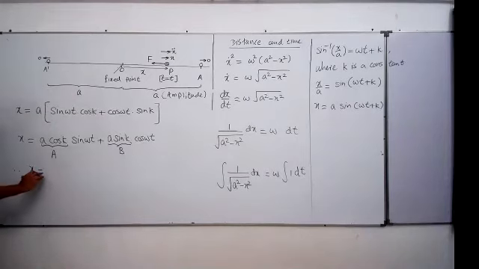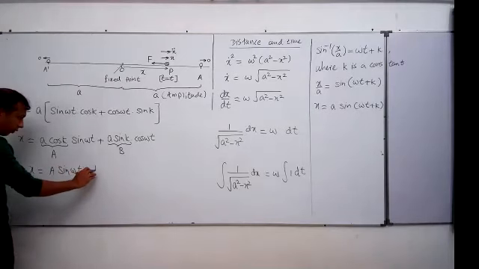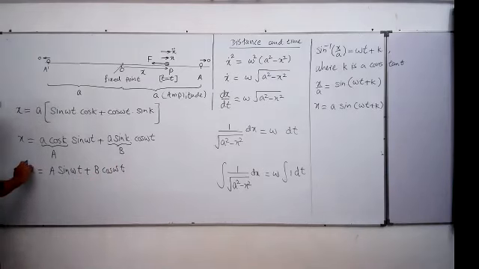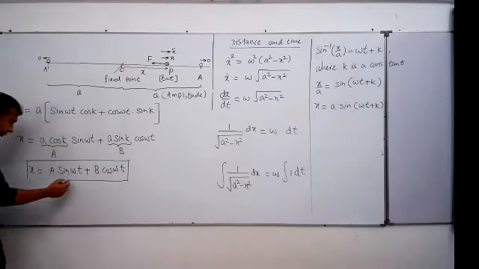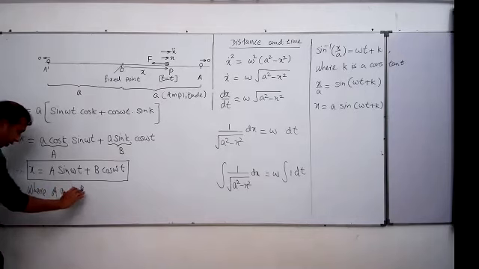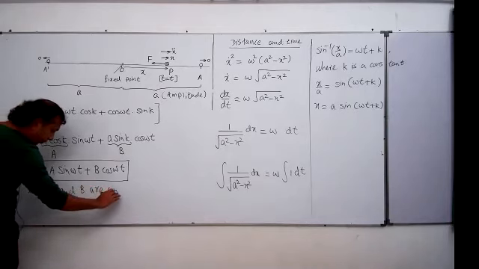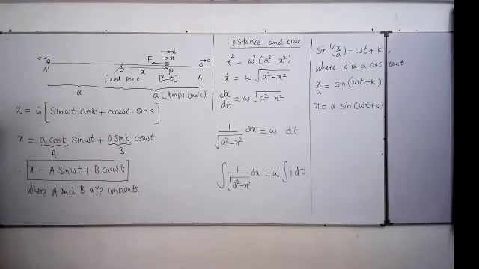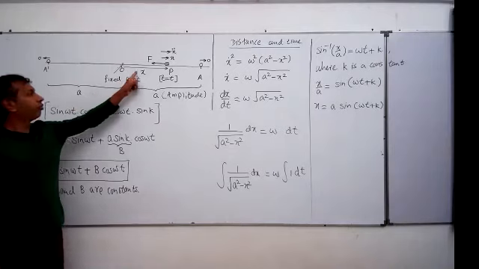Therefore, x equals a sine omega t plus b cos omega t, where a and b are constants. Here also, people, this x is the distance from the center to the particle.